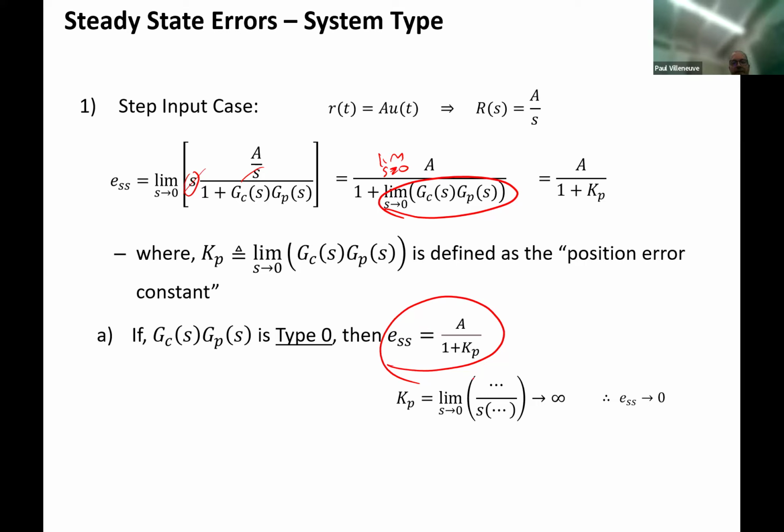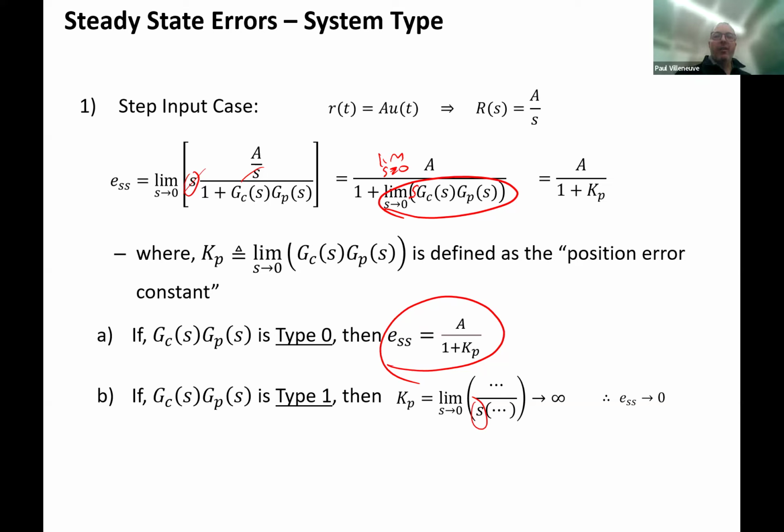Okay? What happens if I make it a type 1 system? I add a single integrator in there. My controller is a P plus I controller, so I have an integrator built into my system. So what happens? Well, remember, this is going to have an s term out front here.